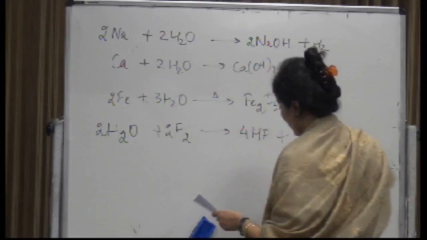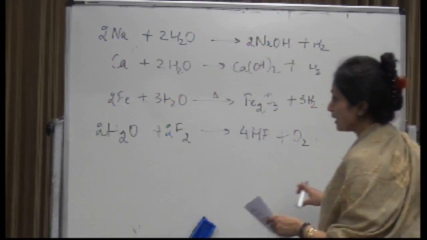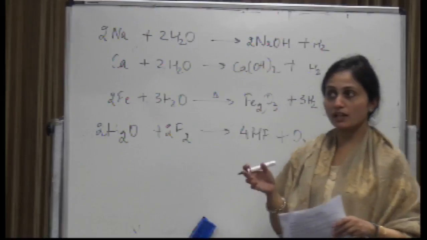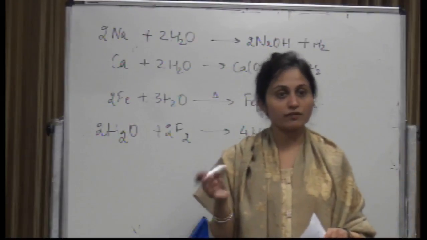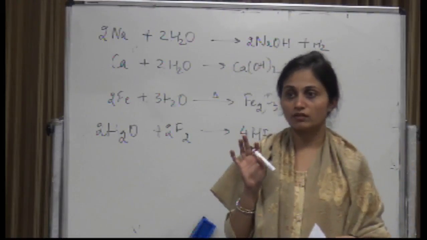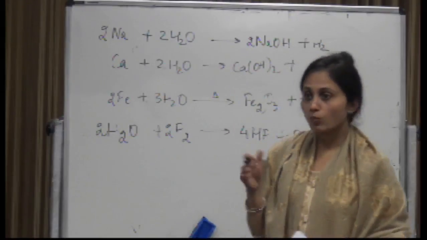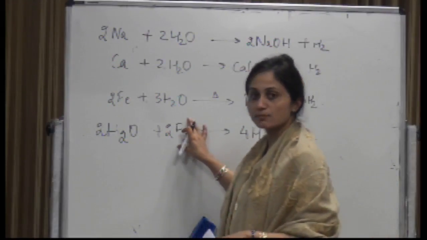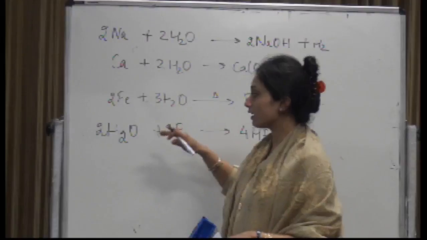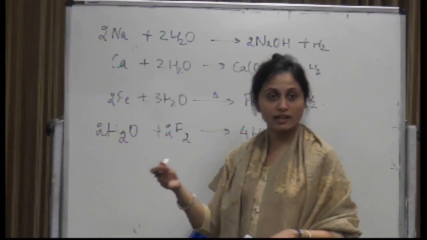That is why whenever we have to carry out the displacement of any of the halogens with fluorine, we never do it in aqueous media. This is like a question asked. Why do you not carry out the displacement of a halogen with fluorine in aqueous media?